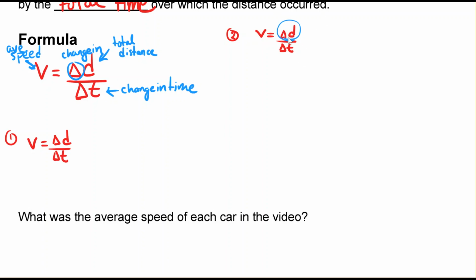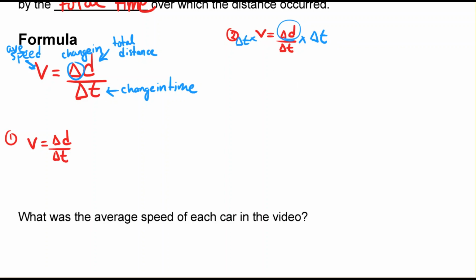If I want delta D by itself, all we have to do is the opposite operation of what's currently happening. I see delta D divided by delta T. What's the opposite of dividing something? Yes, absolutely, it's multiplying by delta T, on both sides.